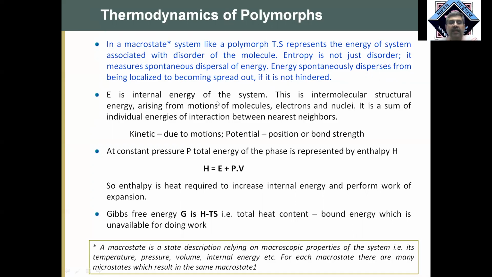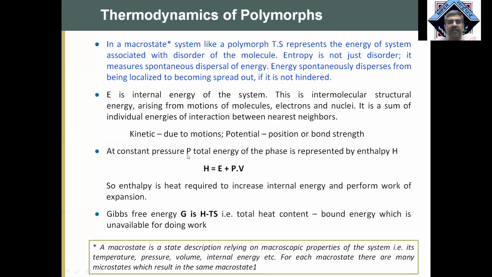E is the internal energy of the system. This is intermolecular structural energy arising from motions of molecules, electrons, and nuclei. It is a sum of individual energies of interactions between the nearest neighbors. There are two components, kinetic energy due to the motions and potential energy due to the position or the bond strength.